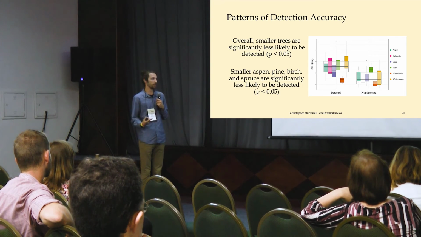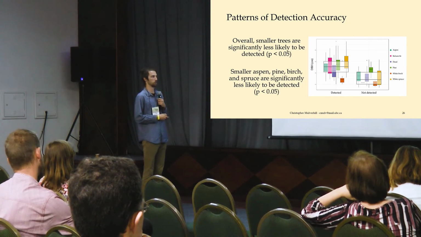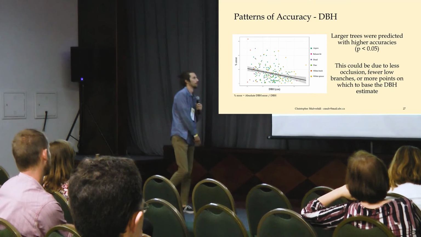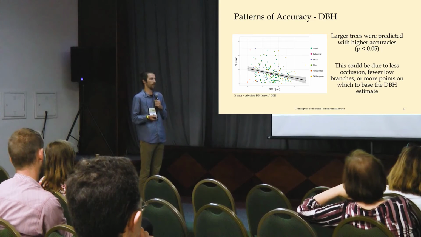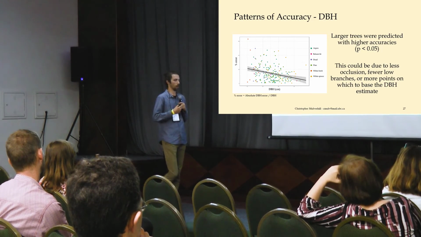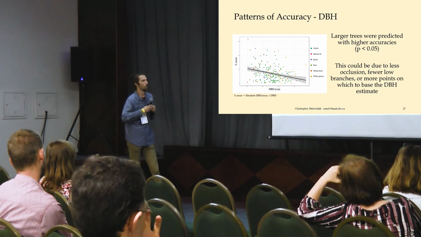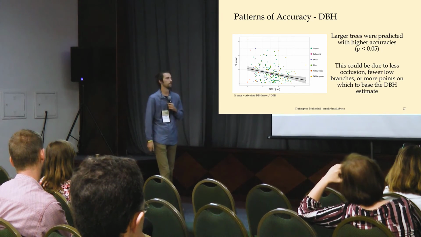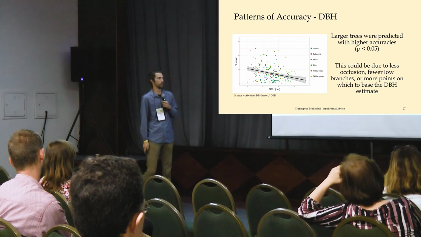Additionally, smaller trees were significantly less likely to be detected, and this was true across almost all the different species. In addition, when looking at the trees that were detected, the larger trees, with potentially greater spacing between their neighbors or fewer branches down below to occlude points around the stem, were predicted generally with higher accuracies than smaller ones.